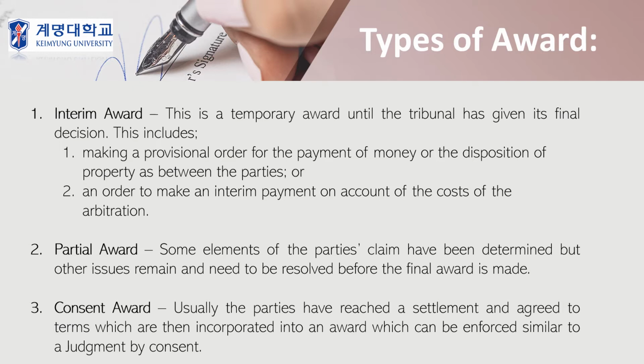The third award is the consent award. Usually during the arbitral proceedings, both parties agree to settle the dispute in a very simple way, or the respondent concedes and says, I'm going to pay whatever I need to pay, I'm going to fulfill whatever task is written in the contract, or I'm going to negotiate the damage, and the claimant agrees to settle the dispute.